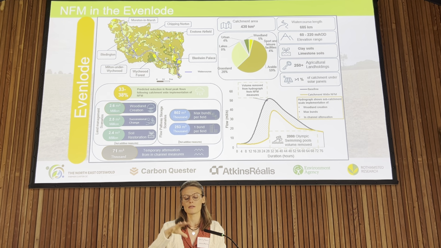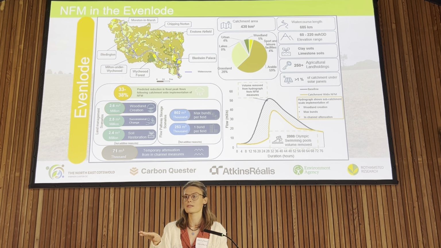How that's been applied in the hydrograph is stepwise, so for the different NFM typologies the volumes have been summed up separately and then applied in a slightly different manner to the hydrograph. The land use change volumes are applied uniformly across the hydrograph to show a reduction in runoff being generated by the catchment as a whole.